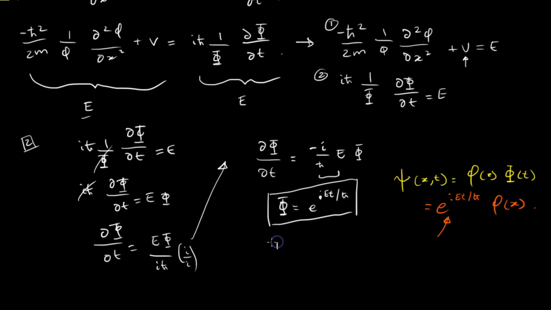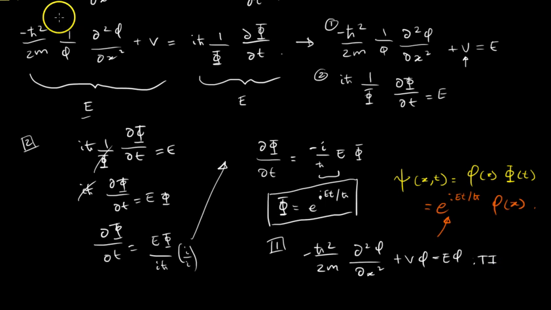So for equation 1 that I have over here, I'm just going to multiply everything by phi so I can get rid of it in the denominator. I don't really like it like that. So we get this, and this is the true time-independent Schrodinger equation.